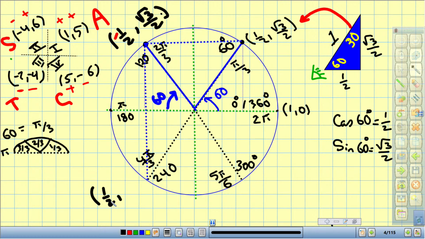If this is 1/2, and I'm just repeating myself here for the 60s, what do you think is going to be the y here, or the sine? Come on, champions. Yes, it's going to be square root of 3 over 2. That's not surprising.